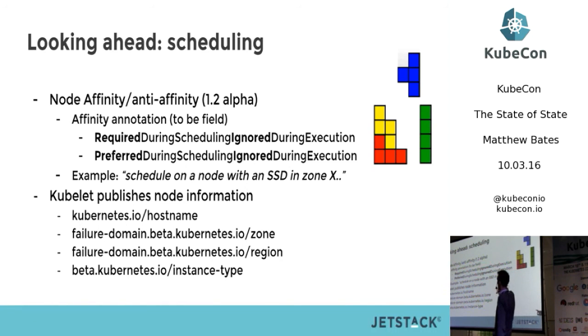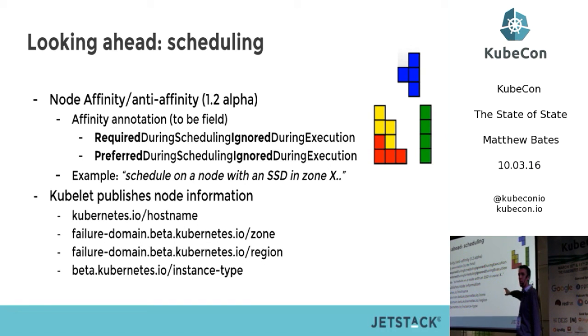Probably worth pointing out that there's actually a load of node information that's already being annotated, so you'll get the hostname as an annotation. Interestingly, you also get zone and region now. I don't know whether anyone realizes this, but if you're using AWS or GCE, you will get an annotation that you can use with zone and region, which is really useful if, for instance, you're using the node selector, which is the current way of doing node affinity and anti-affinity.